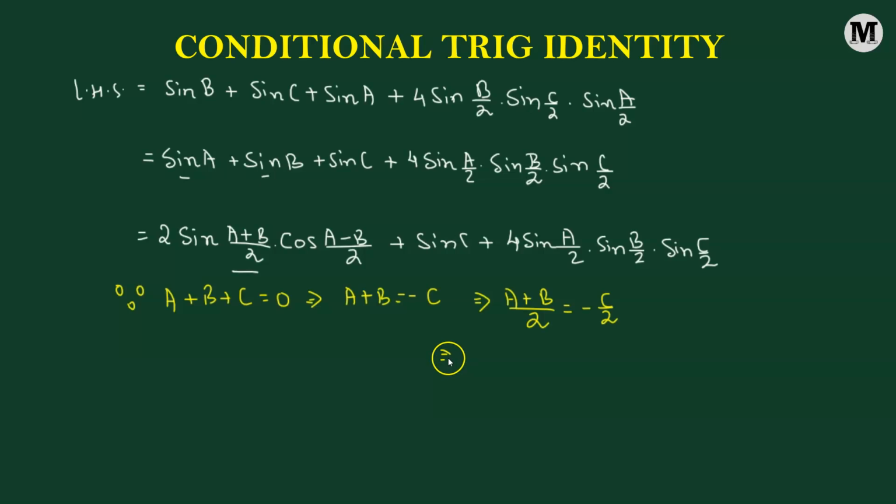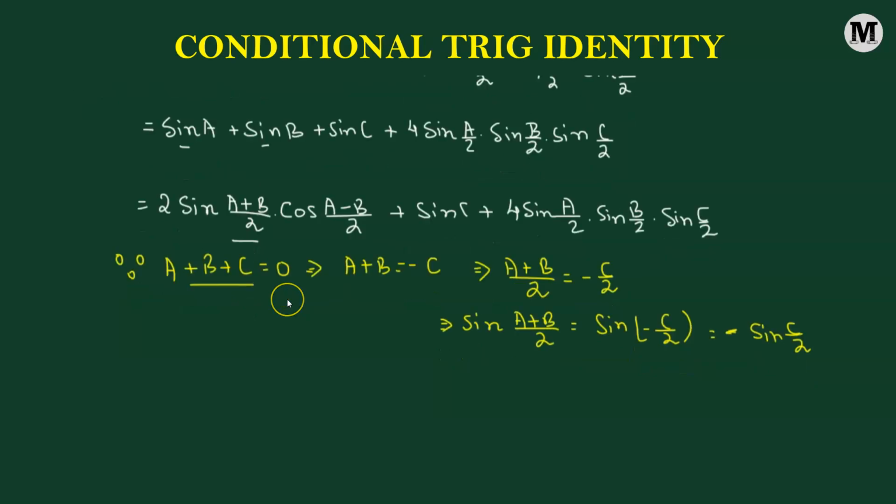Now we take sine on both sides. That's going to give us sine of A plus B over 2 equals sine of negative C over 2. But we know that sine is an odd function. So sine of negative C over 2 is the same as negative sine C over 2. Meaning here we are saying that sine of A plus B over 2 is the same as negative sine C over 2, provided A plus B plus C equals 0.